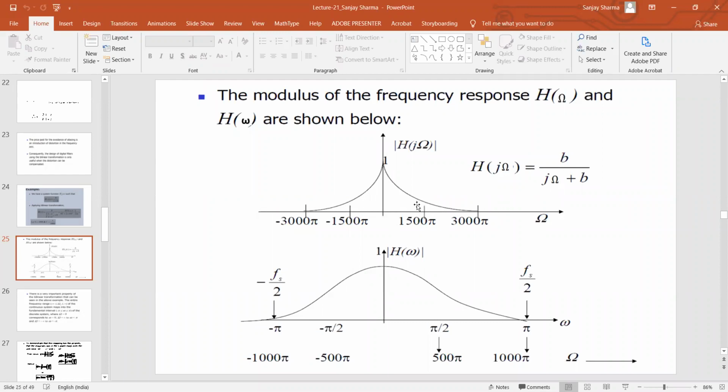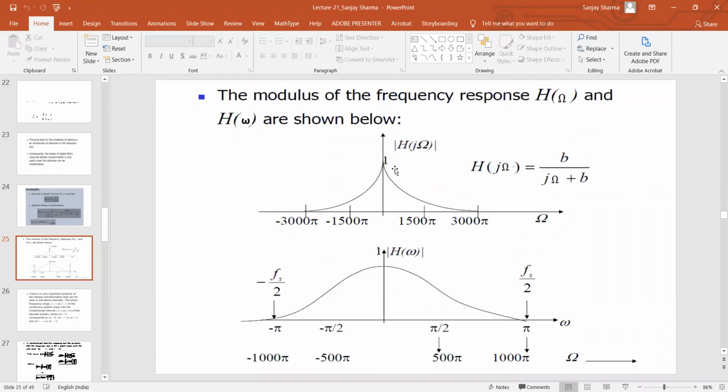Now this frequency axis is being mapped from minus pi to pi in the digital domain, in the unit circle. Once this mapping is done, at the extremities the frequencies will be squeezed. Because of the squeezing of the frequencies, there is this broadening of the response.